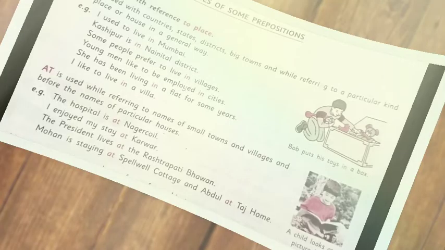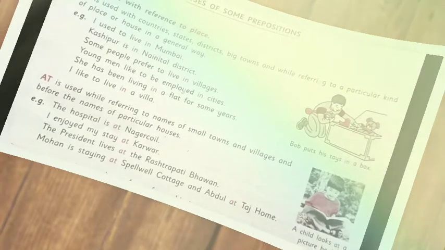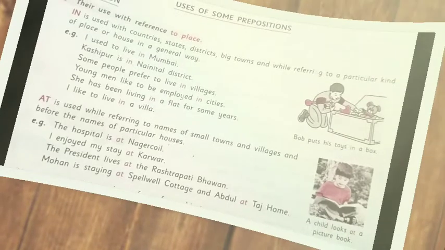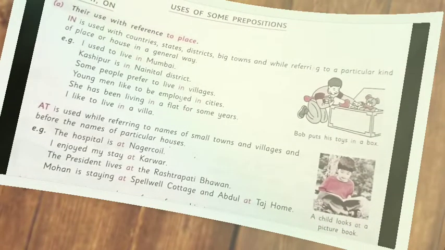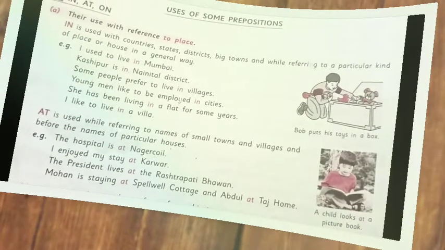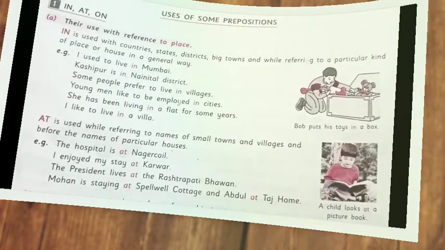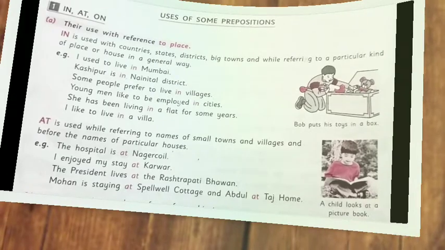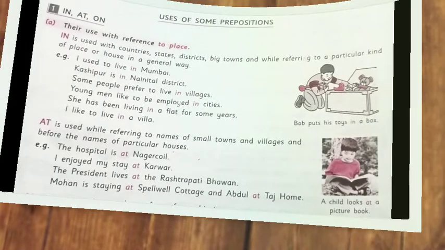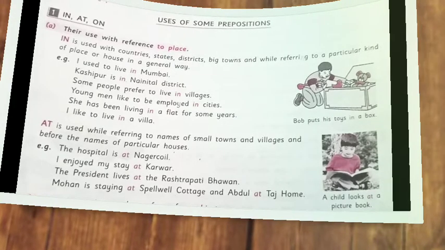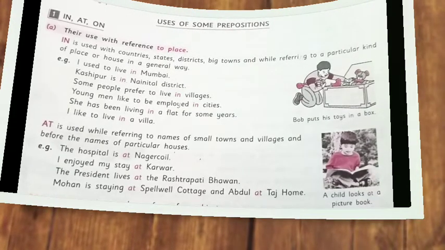Now, we shall look at the uses of some important prepositions. First, we shall see the use of in, at, on. Listen very attentively. In is used with countries, states, districts, big towns, etc. For example, I used to live in Mumbai.